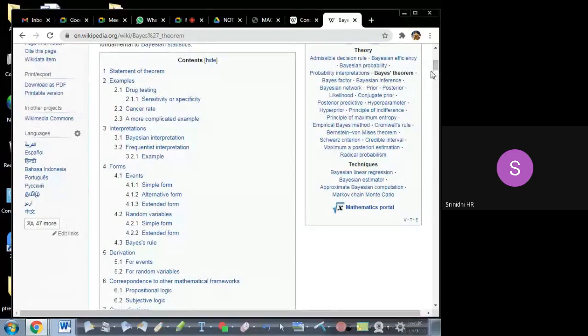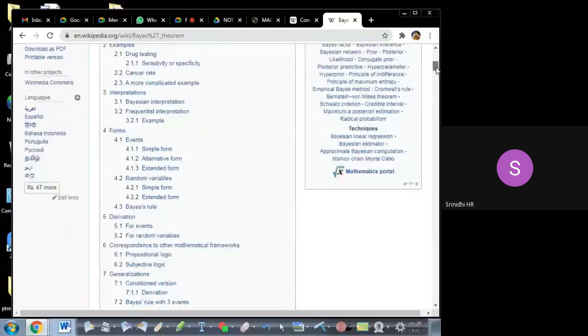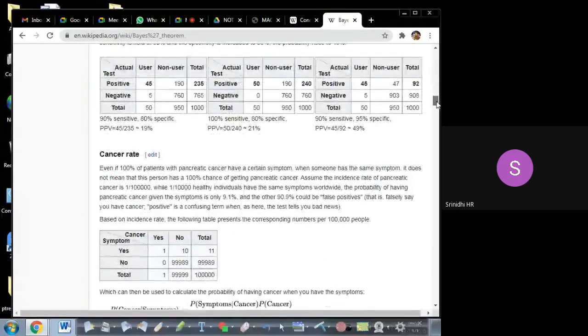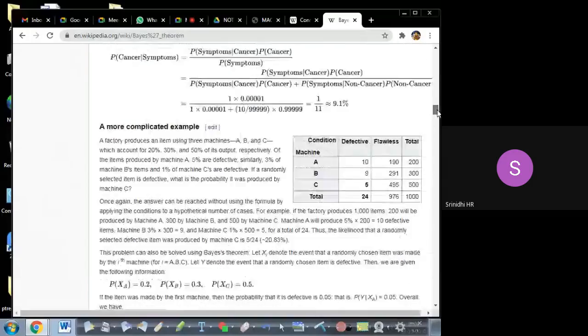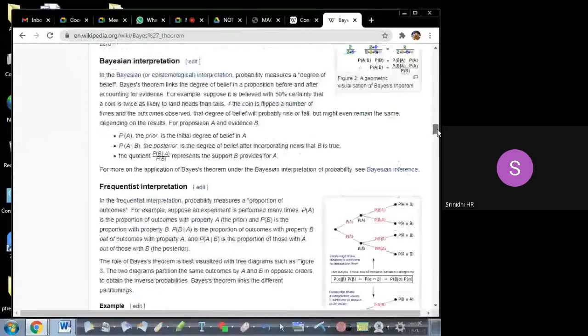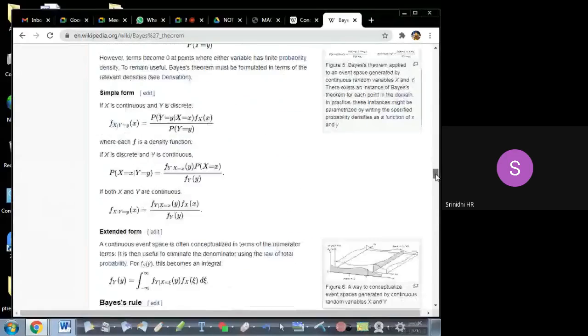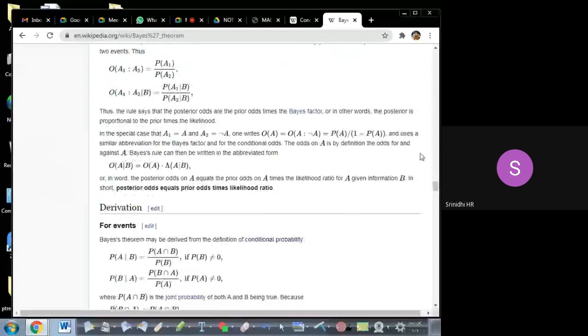You can just take up an example. This is the example which I'll be discussing in the next set of sessions. We shall try to come up with good examples.